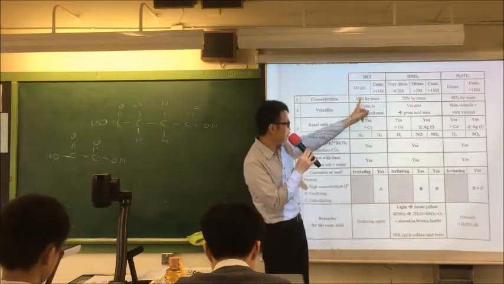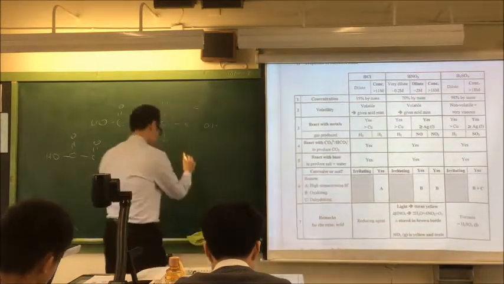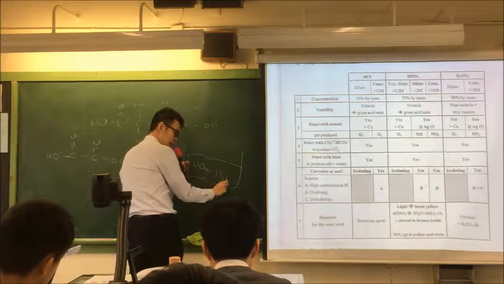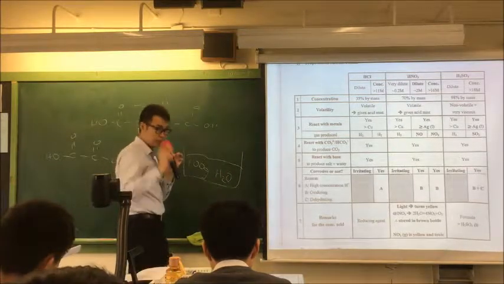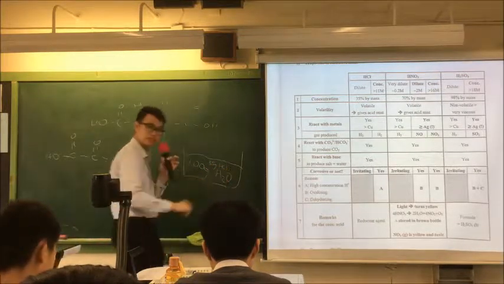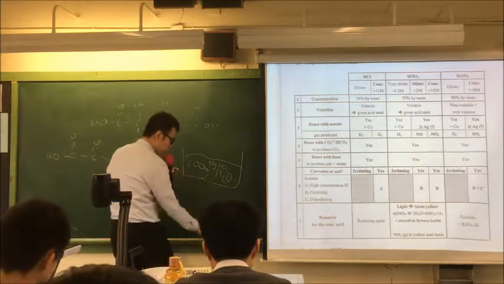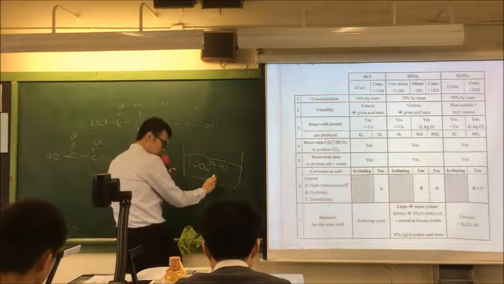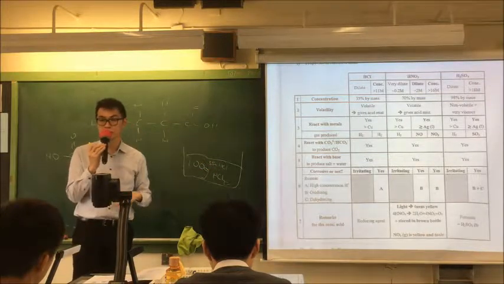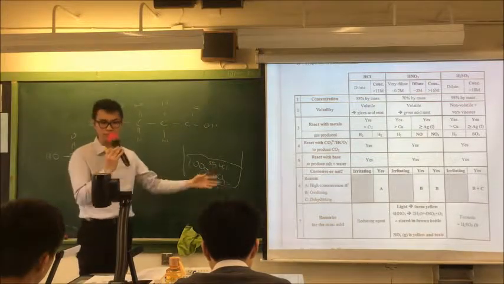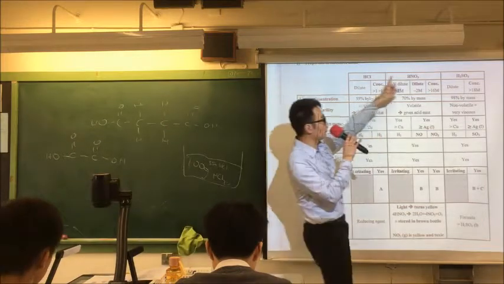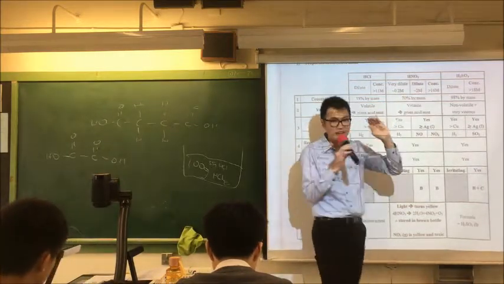What does that mean? 35% by mass means that in 100 grams of HCl aqueous solution, at most 35 grams is HCl. The rest is water.